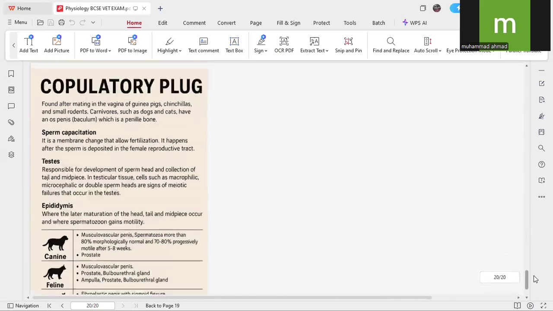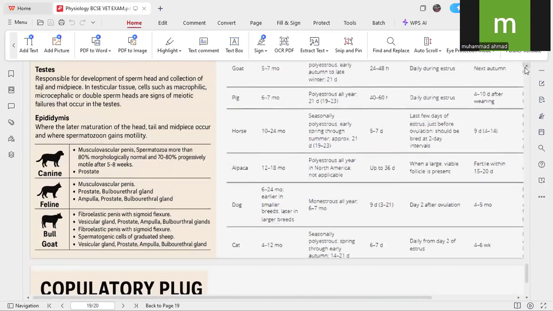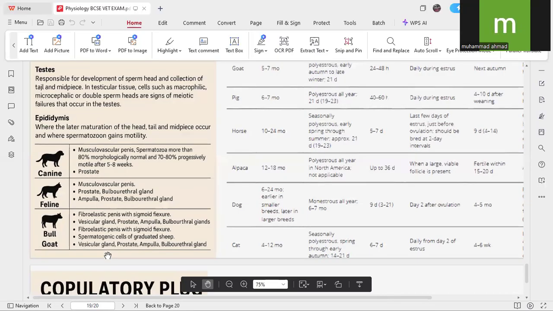We will discuss our remaining physiology in our next lecture. Let's discuss this again. In sheep, there is a fibroelastic penis with a sigmoid flexure. A wether is a castrated male sheep.